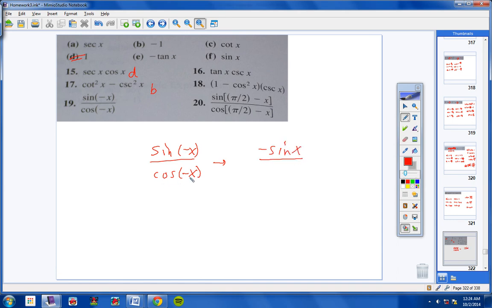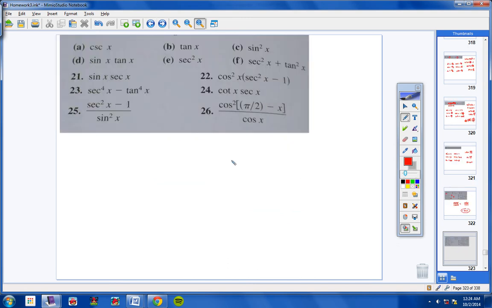Cosine of -x is just positive cosine x. Now, think about this for a second, students. You have a negative over a positive, which makes the whole fraction negative, and sine over cosine is tangent. So negative tangent x. Do we have that anywhere up here? Let's see. Yep, letter E. There we go. Okay, doing pretty good.